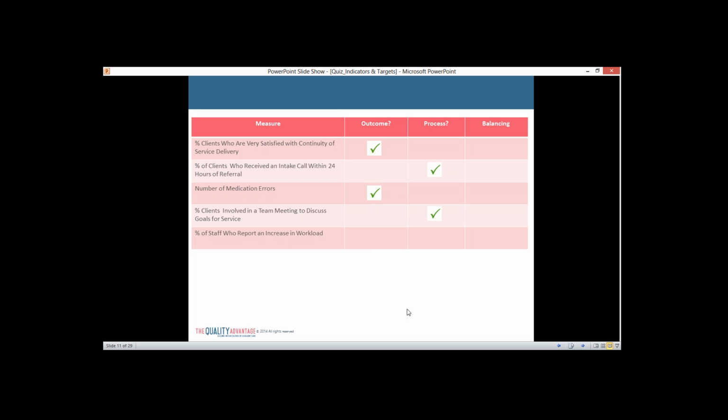Again, it's related to a new practice of meeting with clients in interdisciplinary teams to discuss a client's goals. Ultimately, if done well, it should impact an effectiveness or client-centered outcome. But this particular measure is a process measure. The next one, percentage of staff who report an increase in workload. Is this an outcome, a process, or a balancing measure?